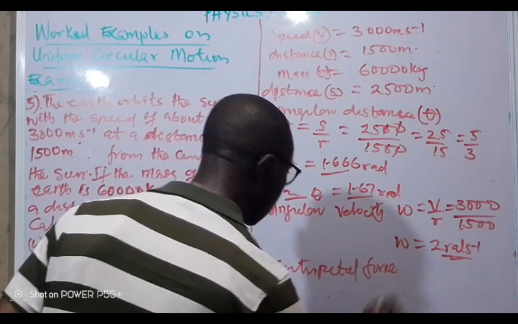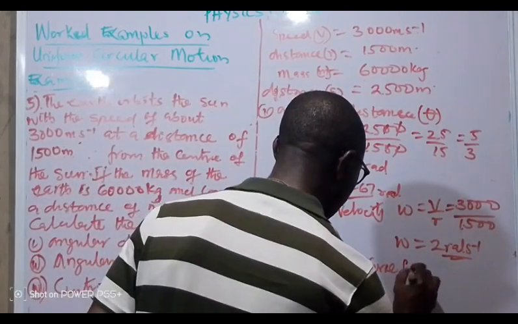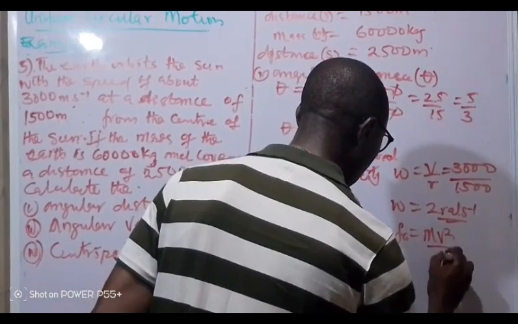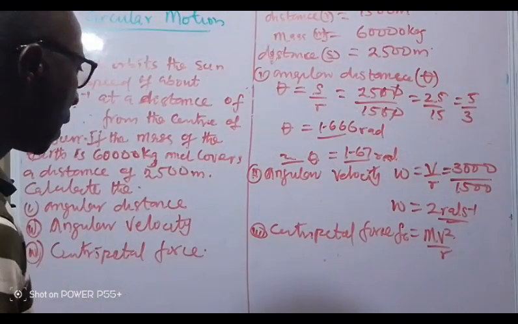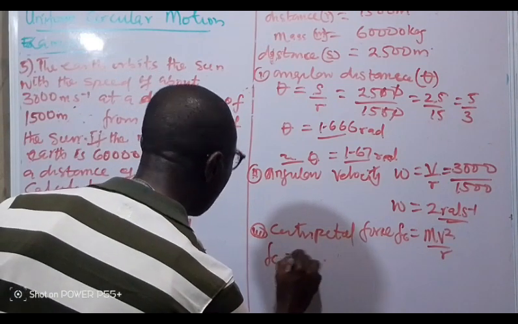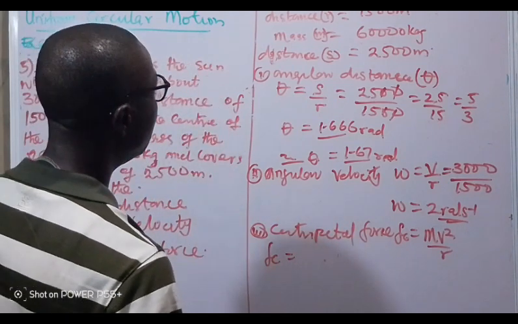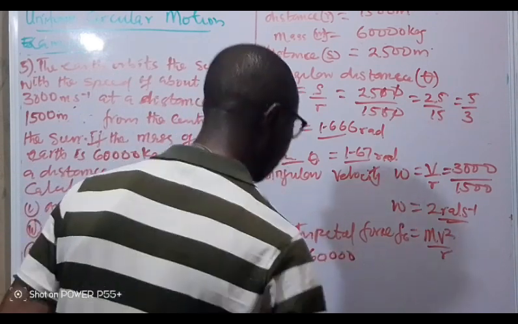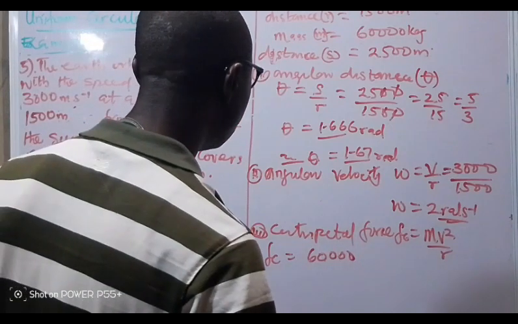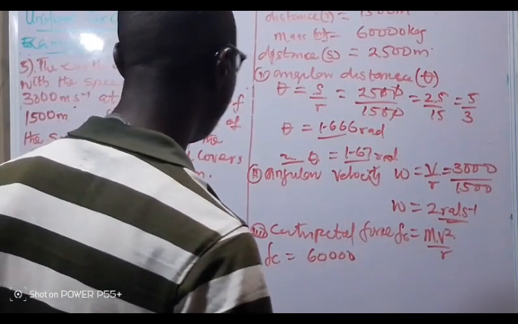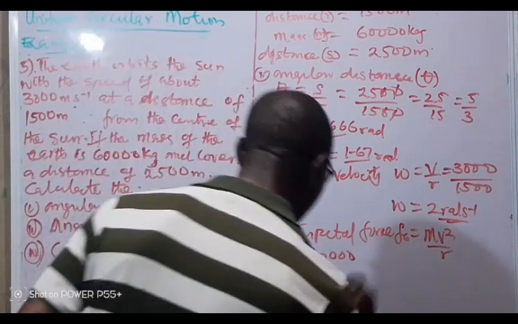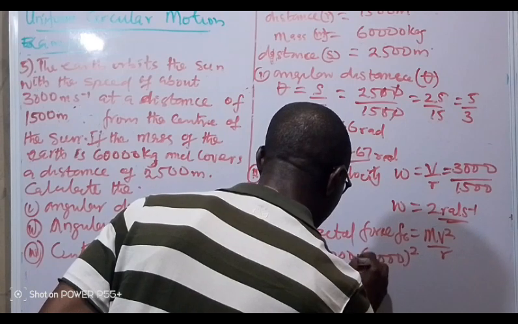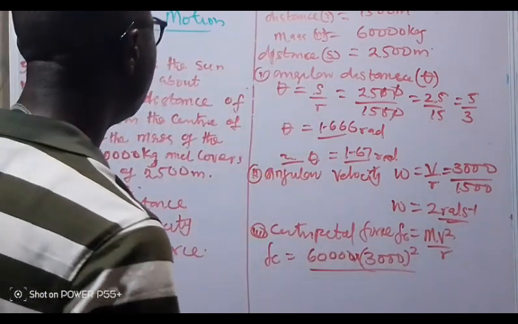Centripetal force, that is Fc, will be, according to the question, mv squared over r. m is known, so our Fc will be equal to the mass of the Earth, 60,000, times our v from the question, that is the speed, 3,000, squared, then r is 1,500.